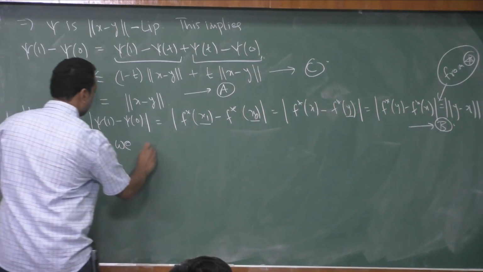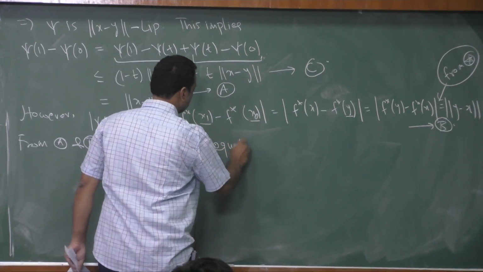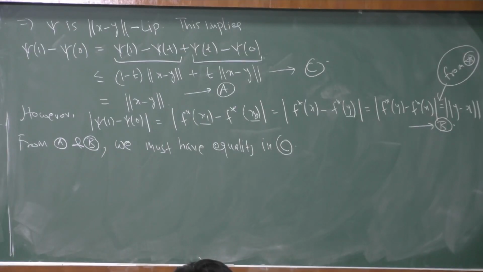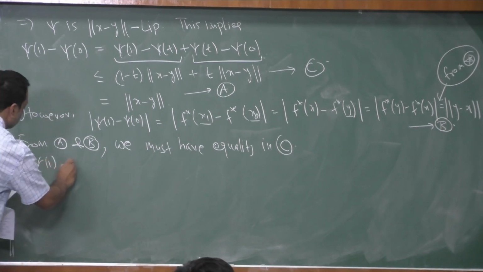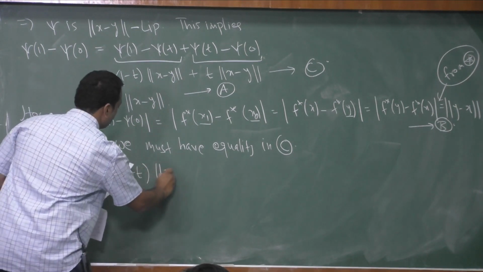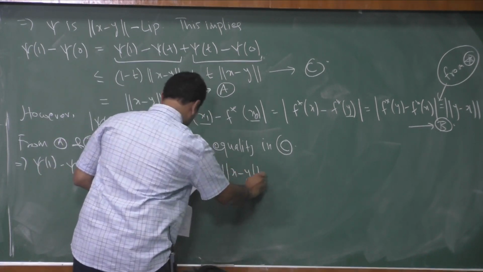So we must have equality in C. If we have an equality, then what happens? Essentially psi 1 minus psi 0 must be equal to this. So this implies psi 1 minus psi 0 must be equal to 1 minus t norm x minus y plus t norm x minus y.